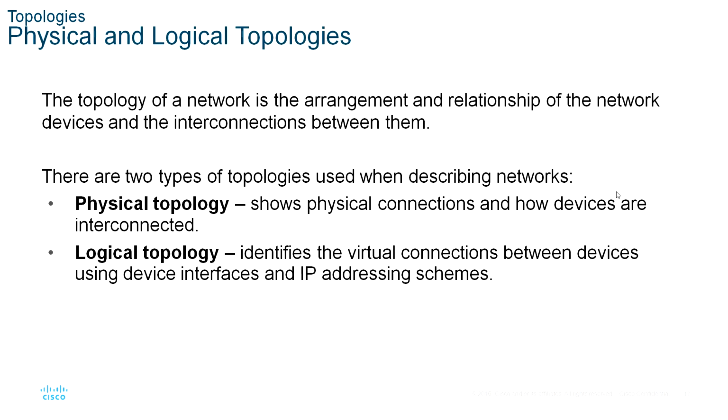Physical topologies are usually point-to-point or star topologies. Coming to the next topology, logical topology refers to the way a network transfers frames from one node to the next. This topology identifies virtual connections using device interfaces and layer 3 IP addressing schemes.